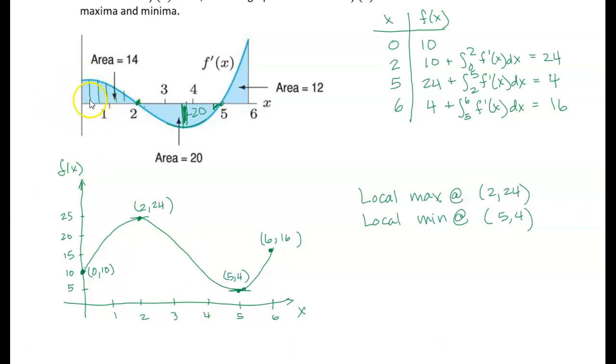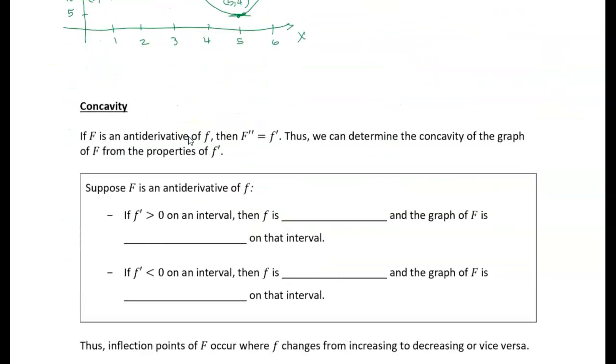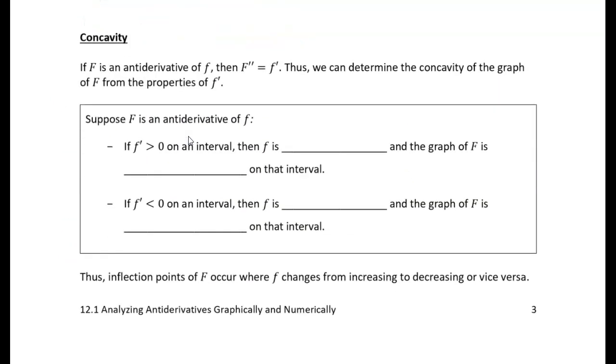So in this first part of the graph, we're increasing quicker, and then we slow down until we hit 0 and then turn around. So we can also make some statements about the concavity of an antiderivative based on the derivative of a function.